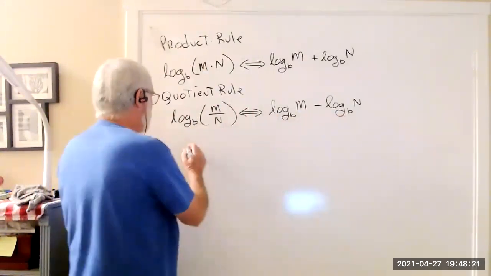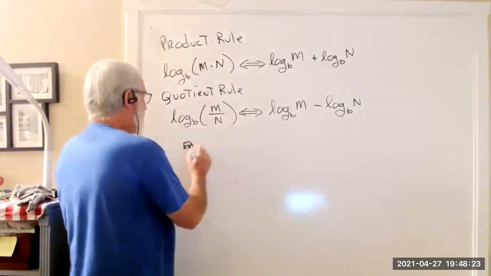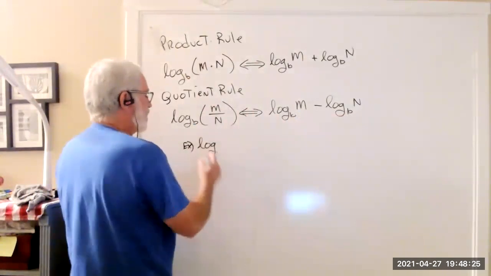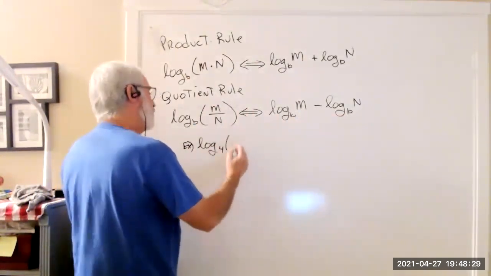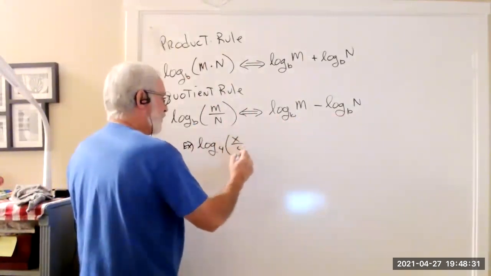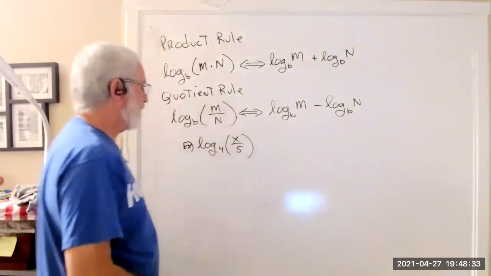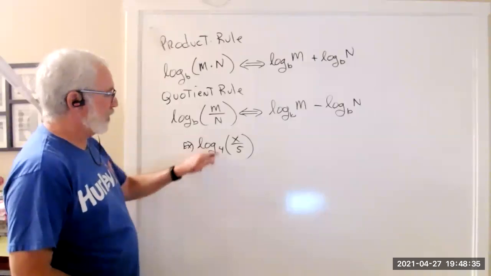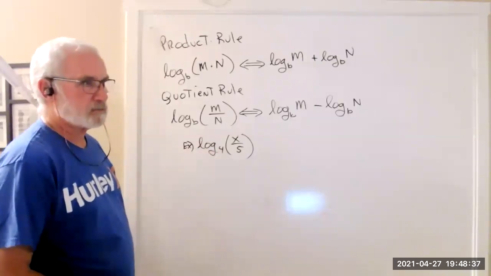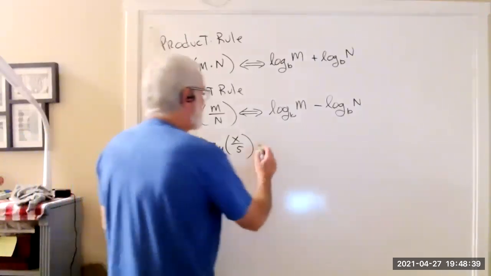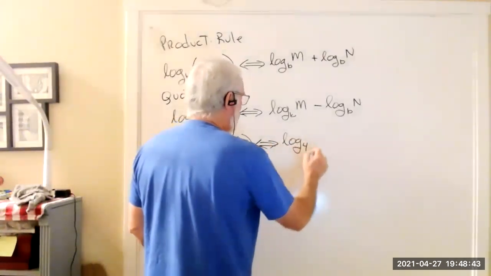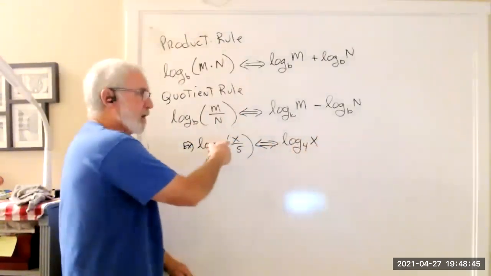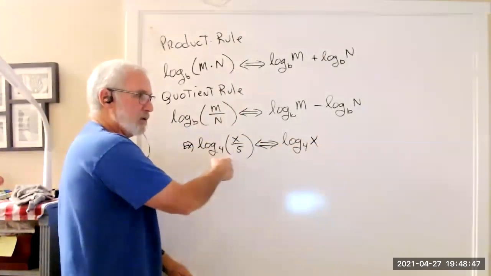So for example, if you have the log base 4 of, I don't know, x over 5, just to make up something, you can write this as the log base 4 of x. The top is always first, top down.